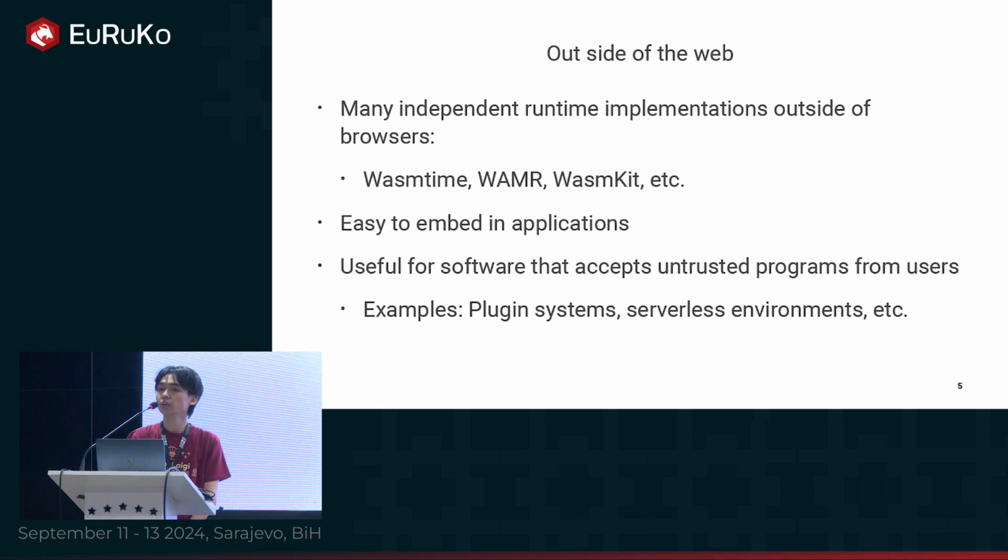Even though it has web in its name, there are several runtime implementations outside of the web. The most well-known one is Wasmtime, which is written in Rust and is a very fast runtime. There is also Wasm Micro Runtime by Intel, which is made to run WebAssembly in resource-limited environments like IoT or embedded systems.